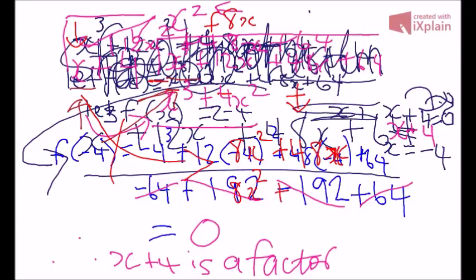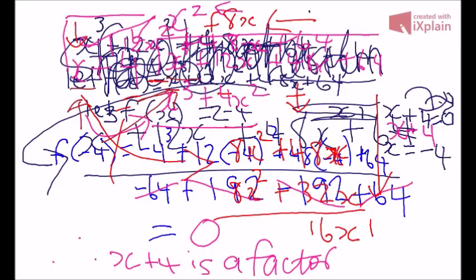And then 8 multiplied by this 4 over here is going to give us 32. So we're going to write plus 32. And we're going to get 16x. And we're going to bring down the 64.